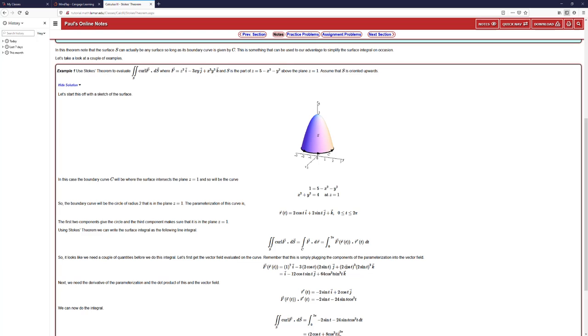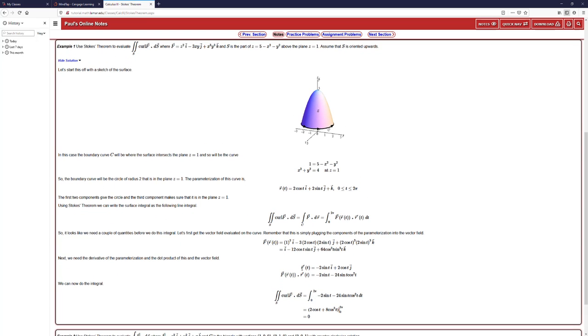And so they worked through that. They figured out what F in terms of t was. They found out what dr was, the derivative of r.